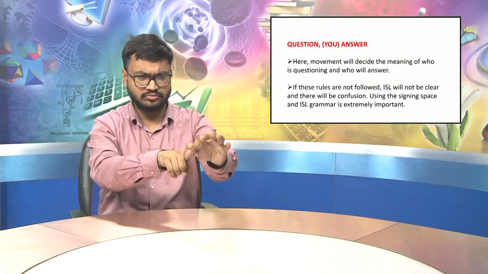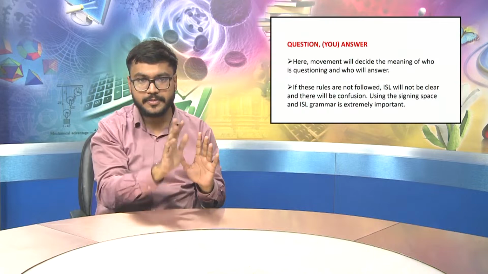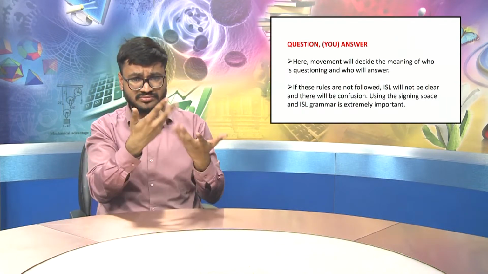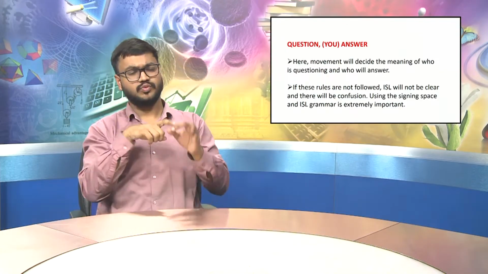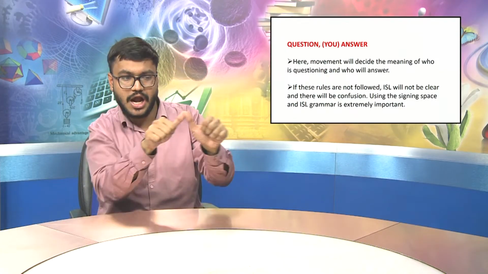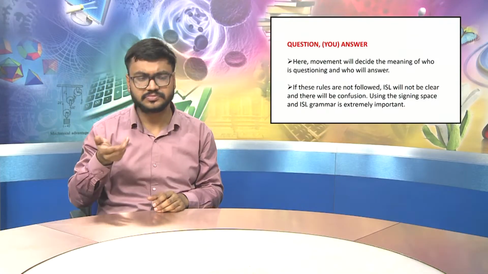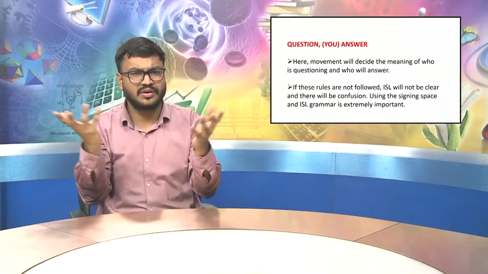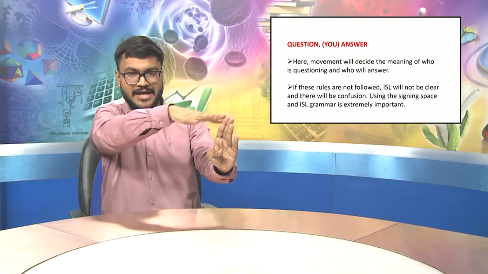Here, movement will decide the meaning of who is questioning and who will answer. If I am asking, how are you? And the other person is answering, yeah, I am good. So the movement of the question, asking and the answering.